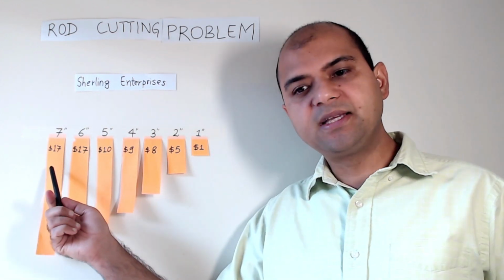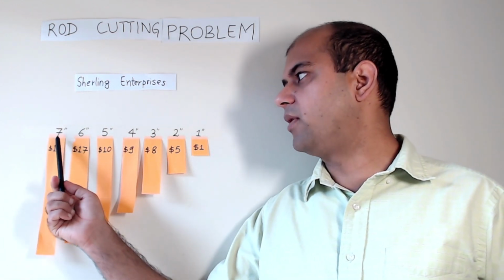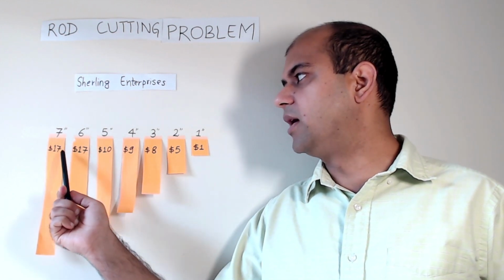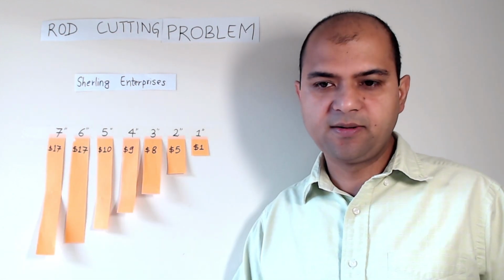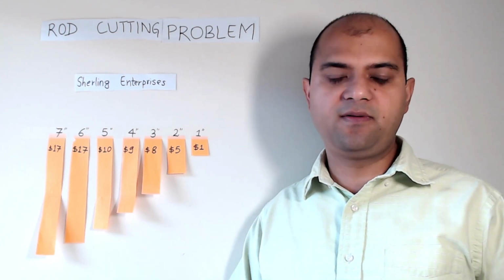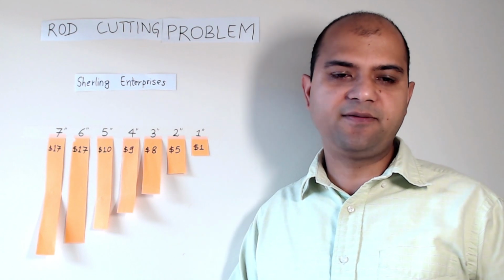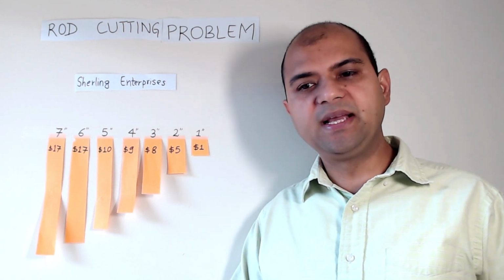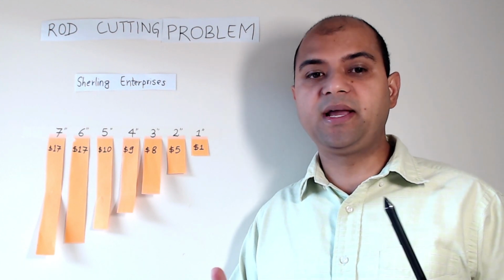Some of the prices, as you will see, are funny. For example, a rod of length 7 inches and 6 inches both cost $17. So say you are given a rod of length 7 and you want to sell it right after cutting it, then the obvious question is, should I sell it as it is or should I cut it, right?